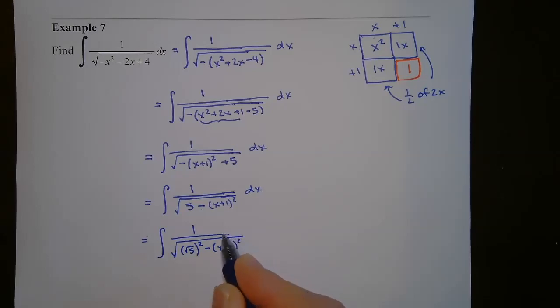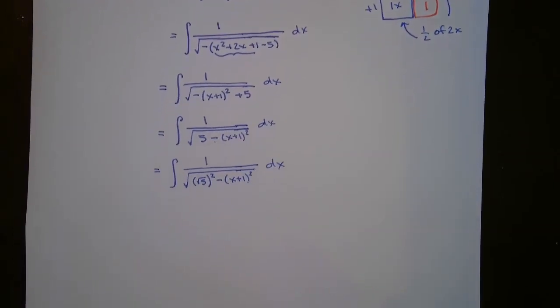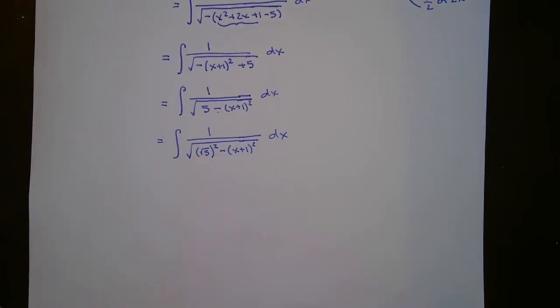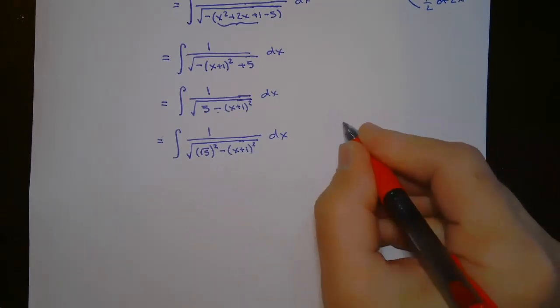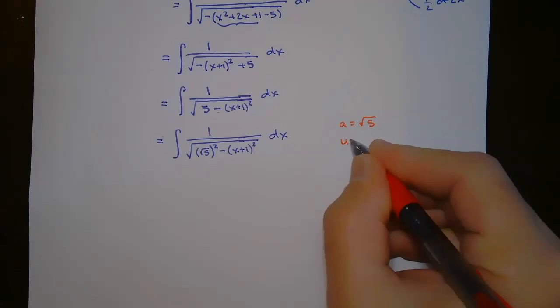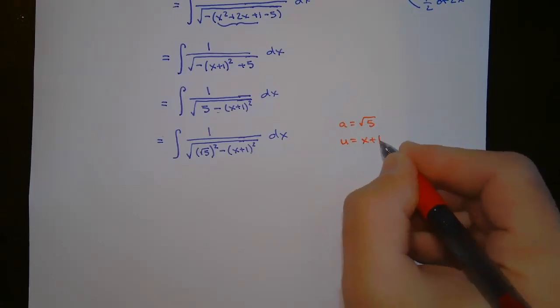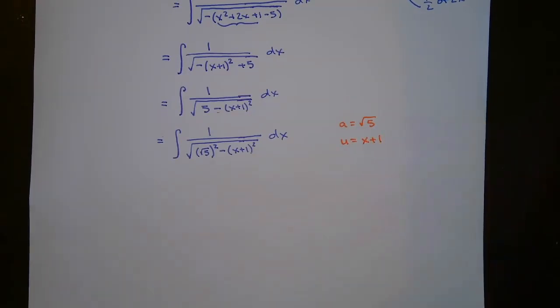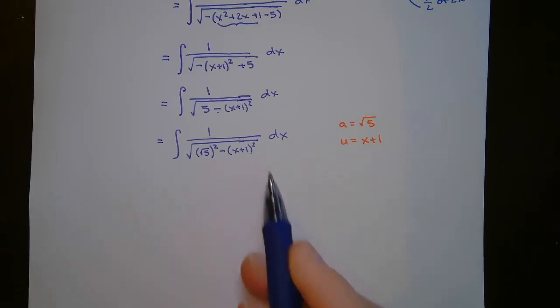Extend my square root and my fraction bar, and then dx, right? Okay, I'm going to slide this up just a little bit. All right, so now from this, I can tell my a is the square root of 5, and my u is x plus 1. All right, and it's taking on that form of a squared minus u squared, right?